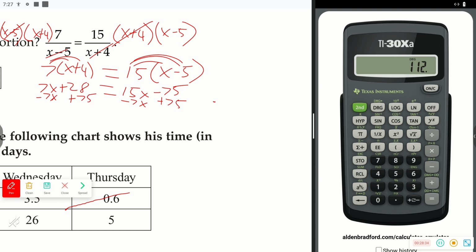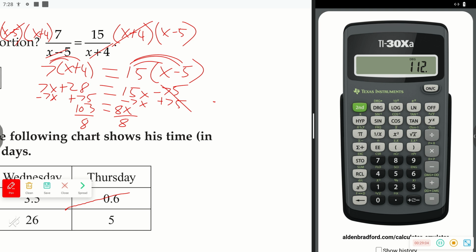So for the numbers, 70, 80, 90, I think it's going to be 103 equals, these cancel out to 0, 15 minus 7 should be 8x. So we have 103 equals 8x. We're going to divide both sides by 8. 103 divided by 8 should be our answer.